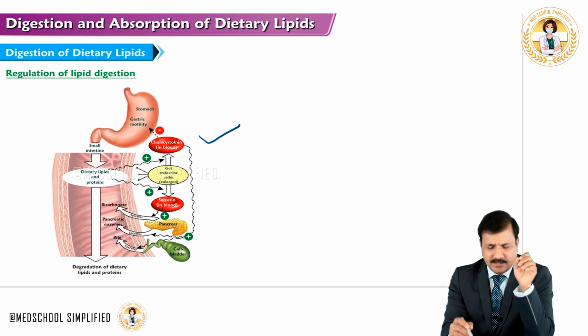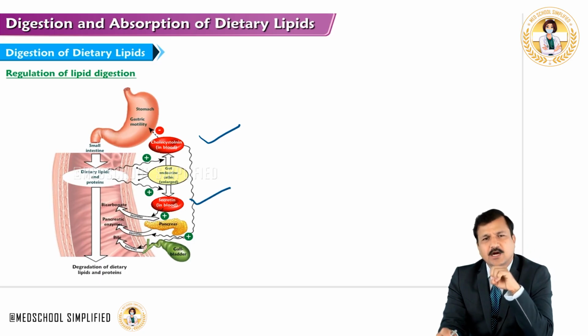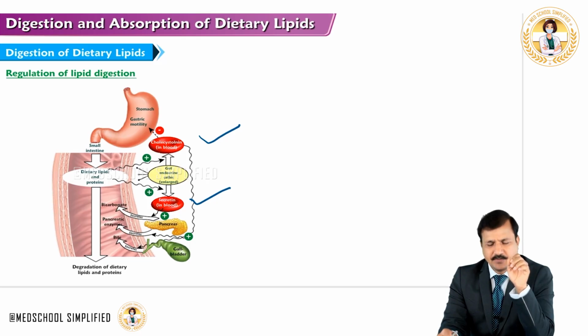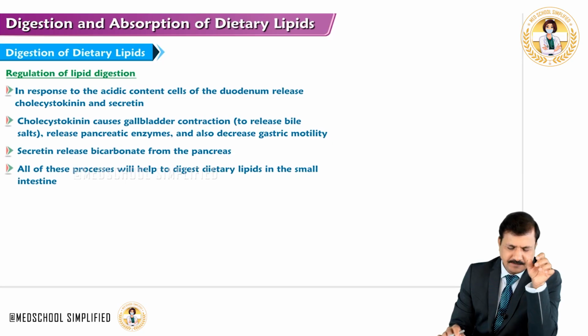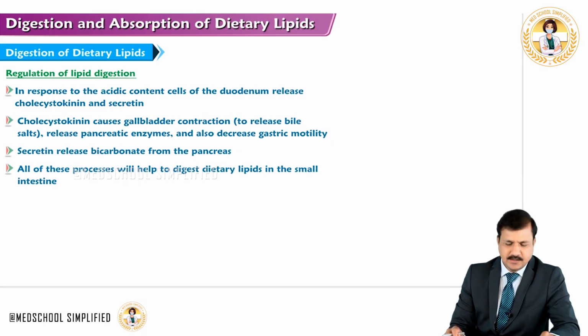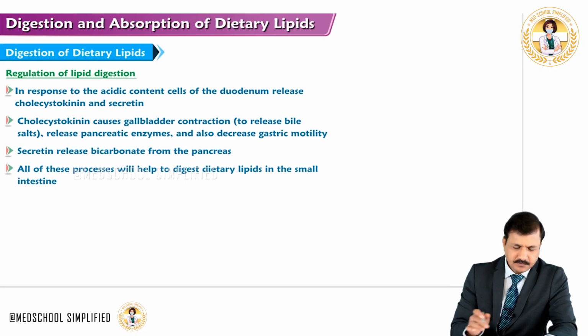Now what does secretin do? Secretin is going to bring bicarbonate and neutralize the acidic content coming from the stomach. So both cholecystokinin and secretin help in digestion of dietary lipids.